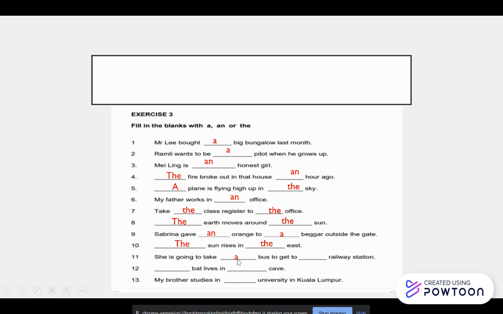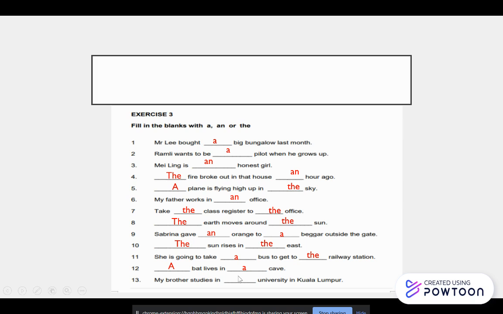Okay. She is going to take a bus to get to the railway station. Where? She's going to go to the railway station. Okay. She's going to take a bus. She's going to get on a bus to get to the railway station. So we use a here. A bat lives in a cave. A cave. One cave, right? So here we use a singular countable noun.